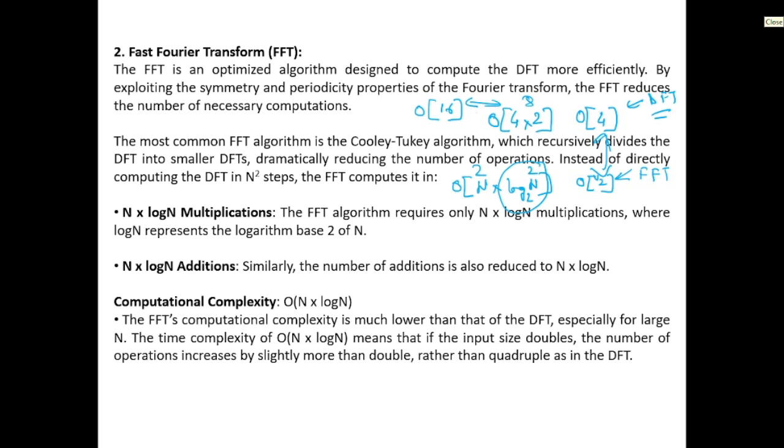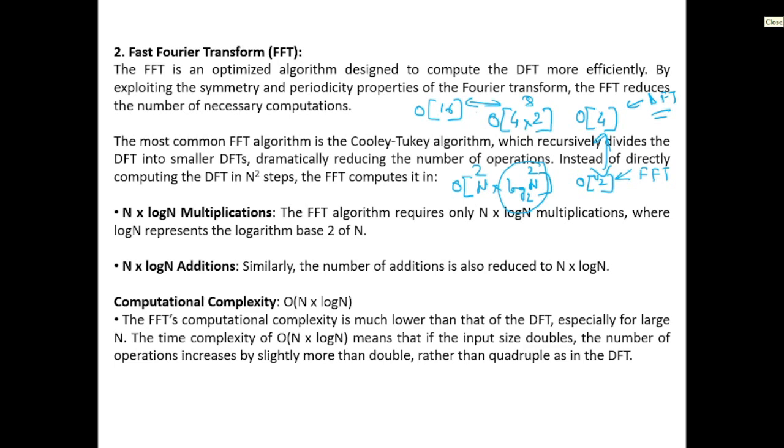Consider when we are handling thousands of data points. For an ECG signal, what is the maximum frequency we discussed? We discussed that the maximum frequency is 150 hertz. So what would be the minimum Nyquist rate? It should be 300 hertz. So in 1 second we will be having 300 data points.